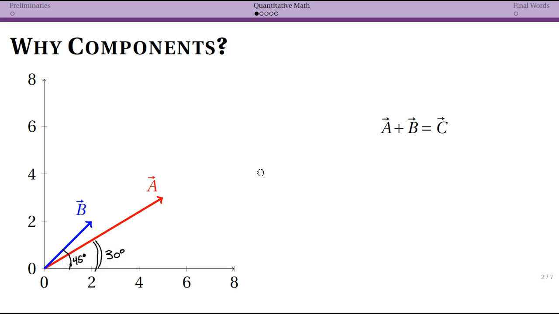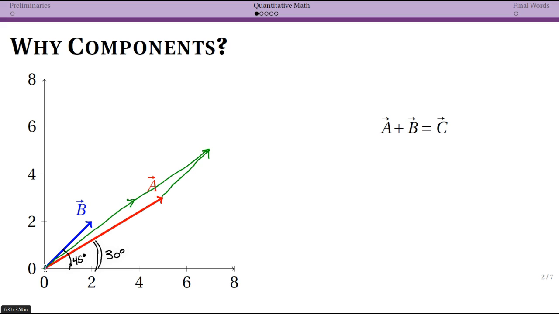So if I just use the graphical technique that we've talked about before, and I wanted to add A plus B, I would draw my vector B, and I can actually then just move it to the tip of A, and vector C then needs to be what connects my origin here with the tip of that vector.